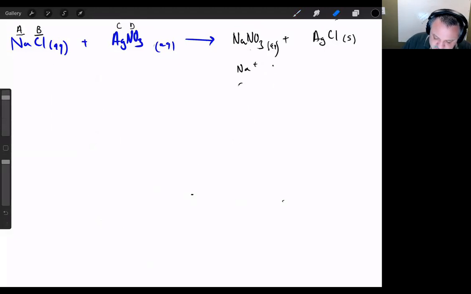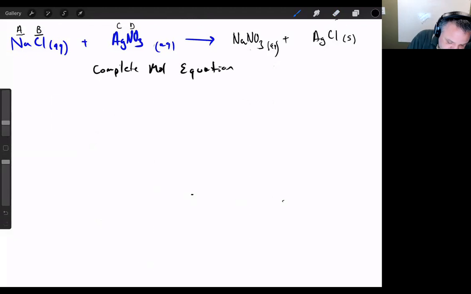What I'm trying to get to is this next part. This is a complete molecular equation. What I want to write down is a complete ionic equation and a net ionic equation.